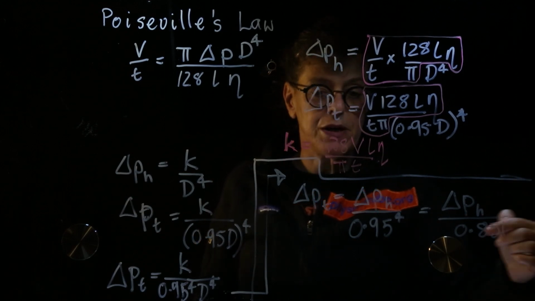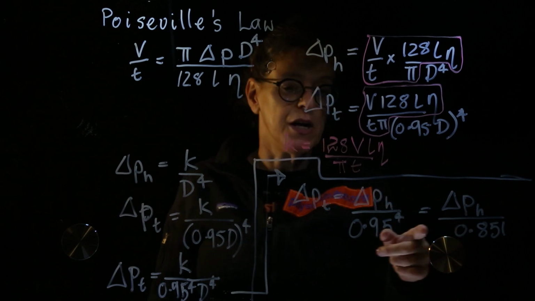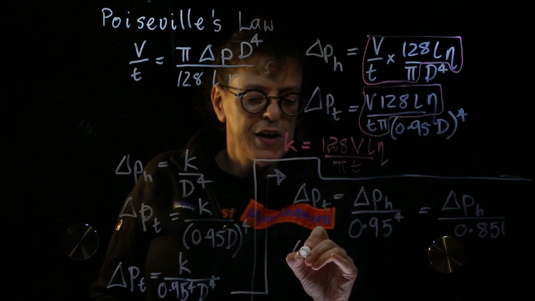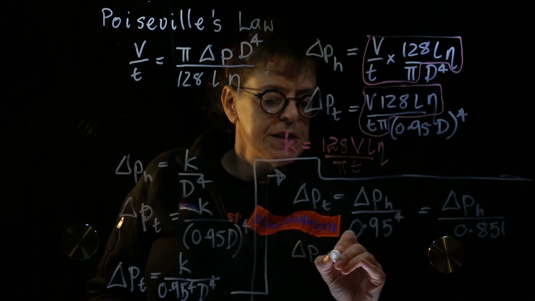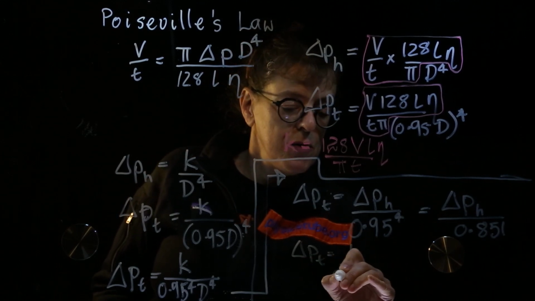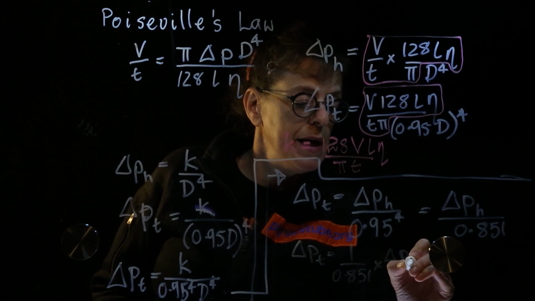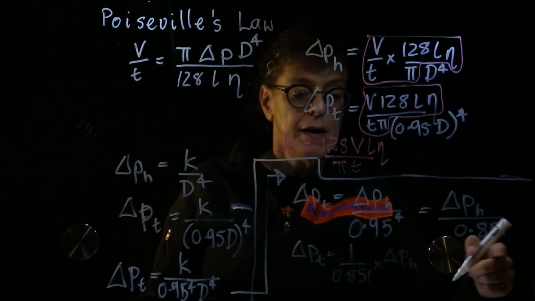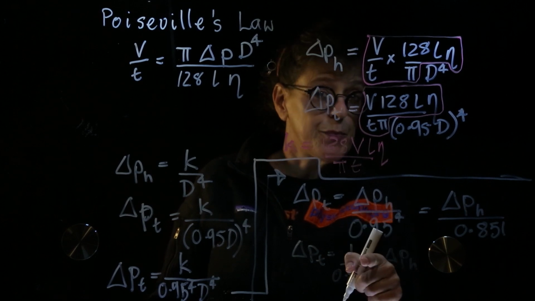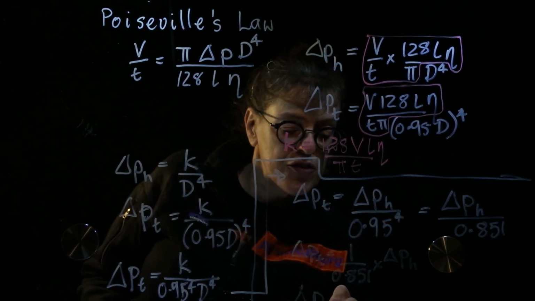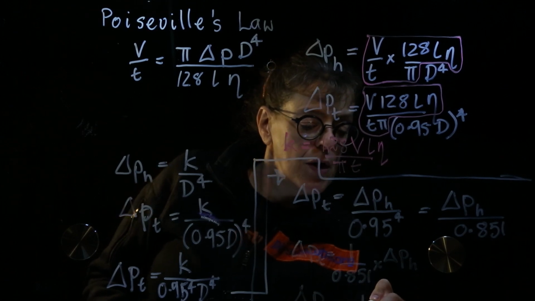The healthy blood pressure is a fraction of the tight blood pressure. But you wouldn't normally write this as delta P tight is equal to 1 over 0.815 times delta P healthy, which is what we've got here. So I'm going to work out this reciprocal to get my neat answer and say delta P tight is equal to 1.